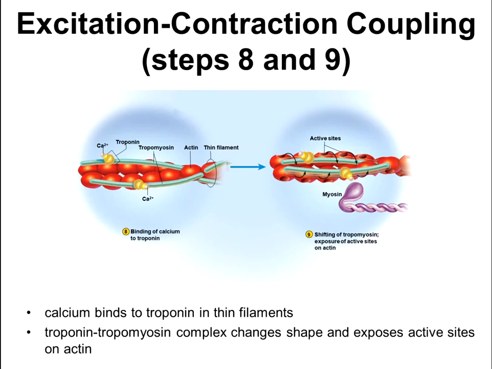So it's literally pulling off those tropomyosin cords, the green if you see there, and exposing the active sites on the actin, which are the red little beads here. And in picture 9, you can now see that the active sites are open. We need those open because the myosin head is going to fit into those.